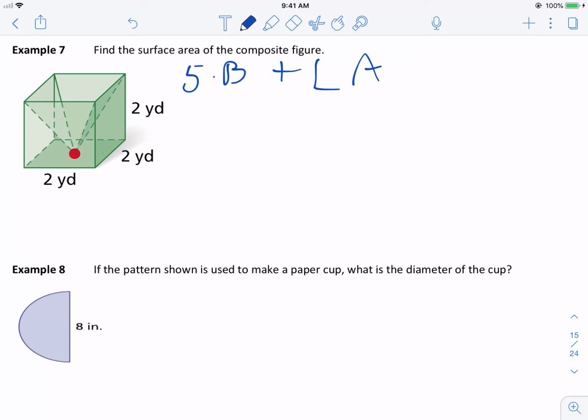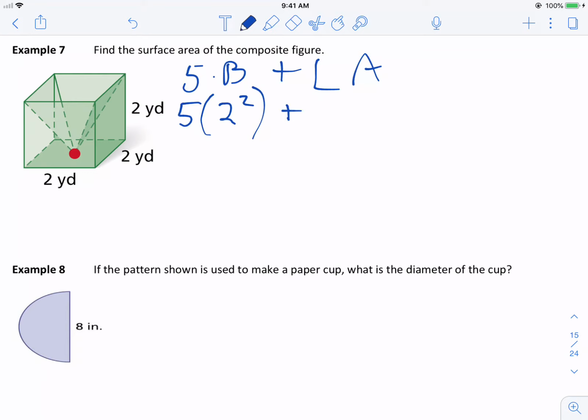And now we can get into calculating these values. For those 5 faces of that cube, we know that they're each squares, each with an area of 2 squared. So we can just do 2 squared for an individual area. We'll multiply that by 5 because we have the 4 laterals and then the 1 bottom base. We do not have a top to that cube.